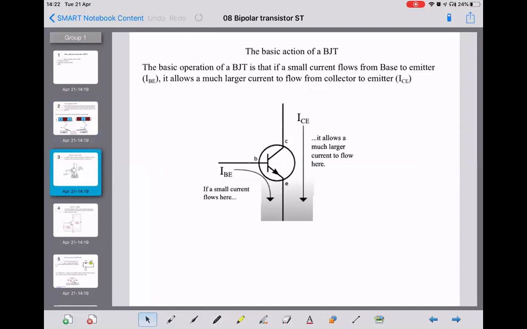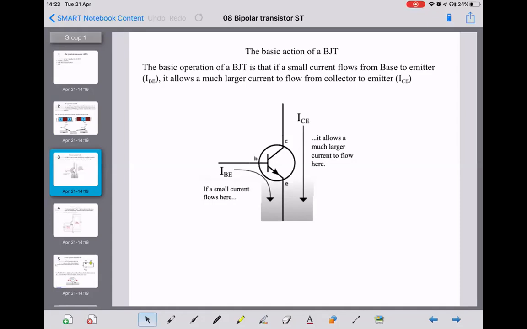This is the action of it as a transistor and how it can be used both as an amplifier and a switch. So we can control the collector current by controlling the base to emitter current, and a little bit more about that shortly. Okay, everyone happy with that?